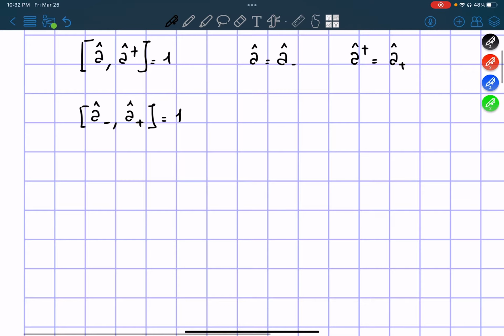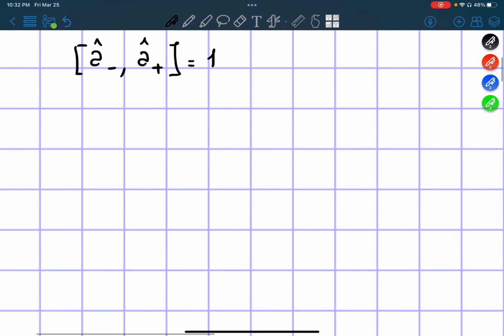So let's prove it. First of all, we have in our book, equation 2.50, that A negative times A positive is equal to a series of things, and what we're most interested in is the negative i over 2 h bar and then the commutator of x, p.